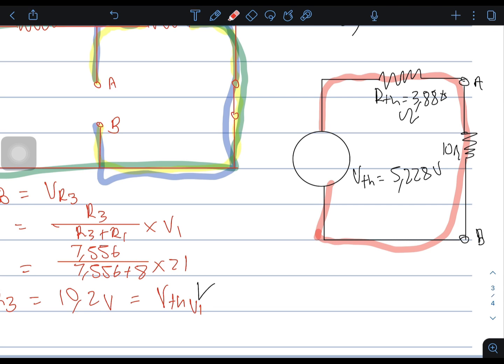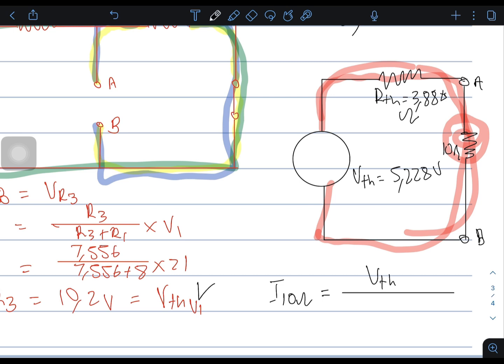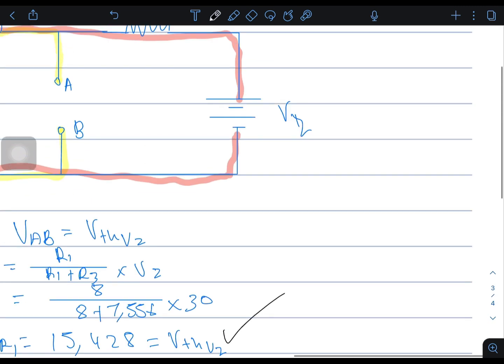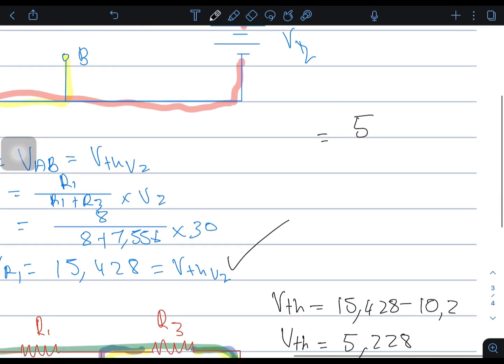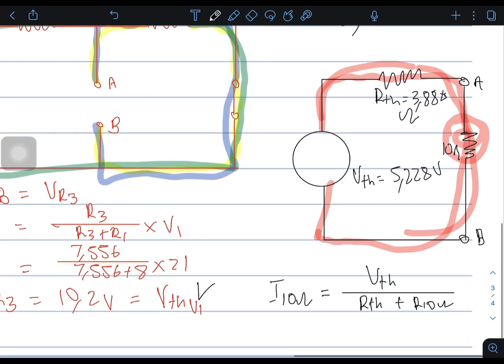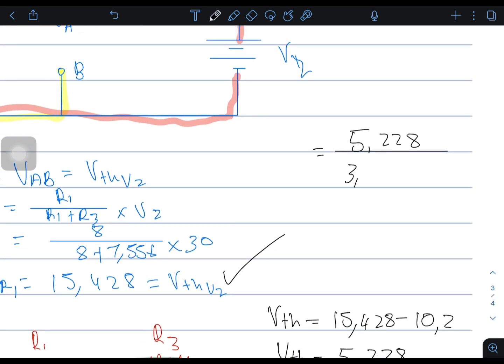You can easily calculate the current now, because the current flowing through this resistor is the same as the total current of this circuit. Let's say the current through the 10 ohm resistor is equal to V Thevenin over R Thevenin plus R 10 ohms, which is 5,228 over 3,886 plus 10.